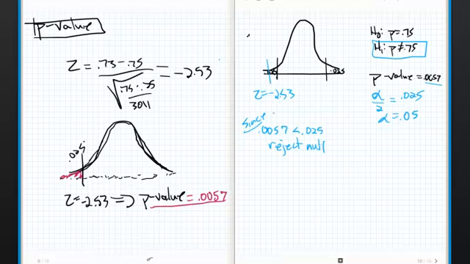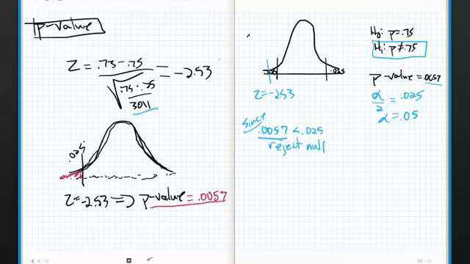In other words, the likelihood that I get a value at least that extreme, that I get a 0.73, which to us may seem, well, that's not very far off. Yeah, but taken in context, think about the number of people that were surveyed. The law of large numbers tells me I better start heading for 0.75. The problem was I didn't get close enough to 0.75.